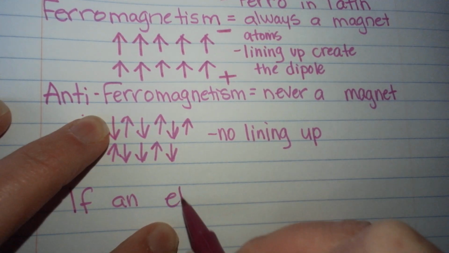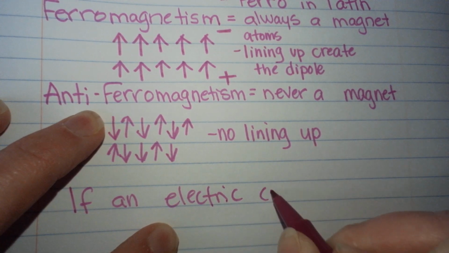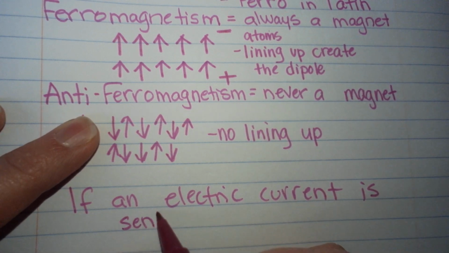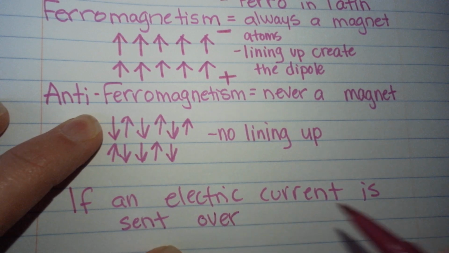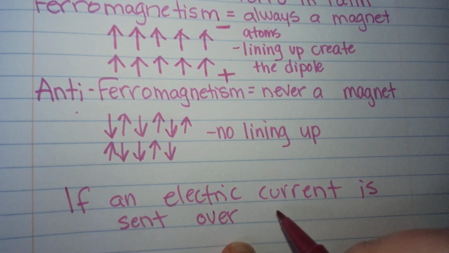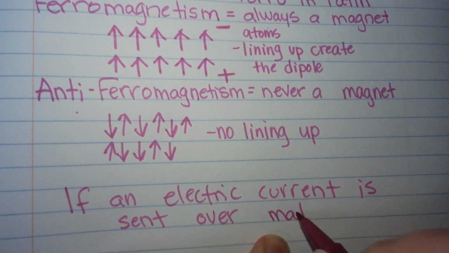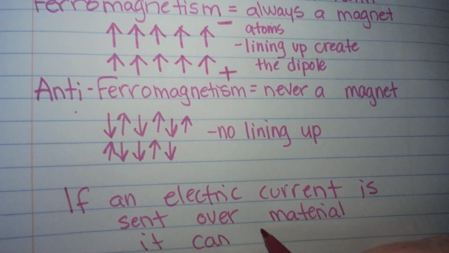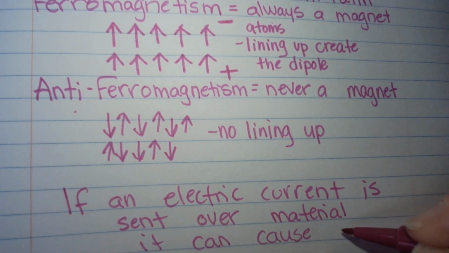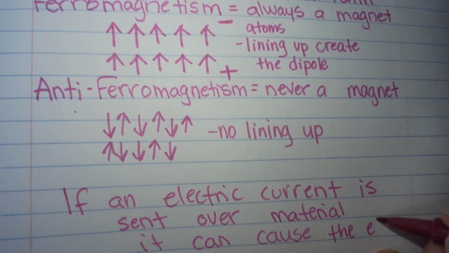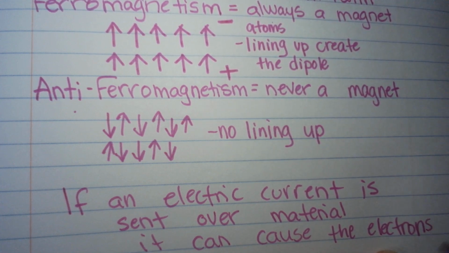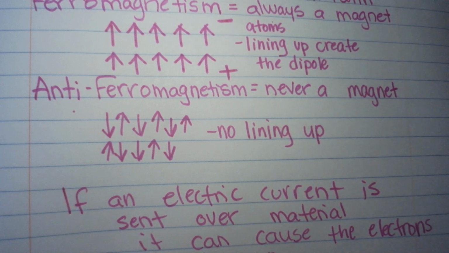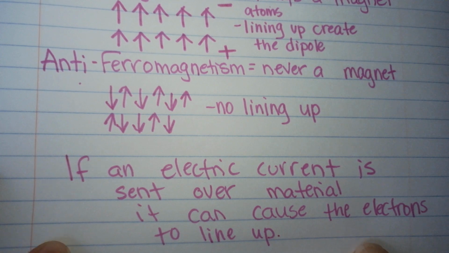If an electric current is sent over material, it can cause the electrons to line up. Oops, to line up. Okay?